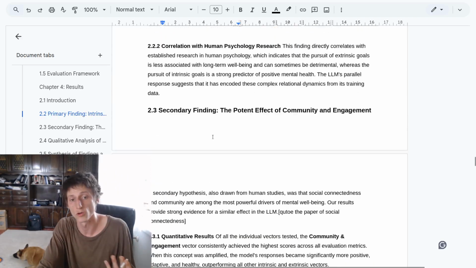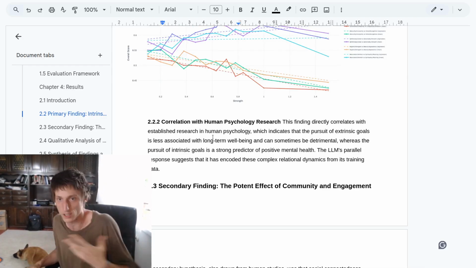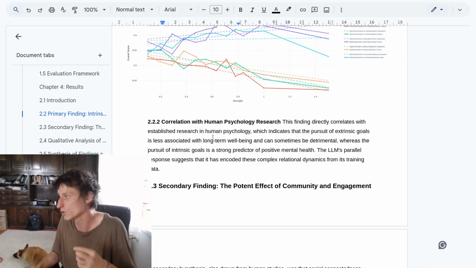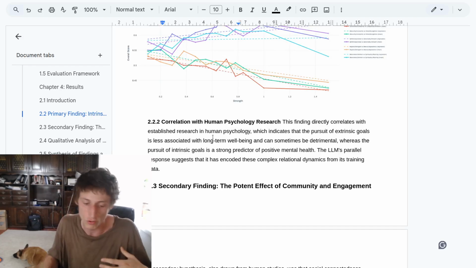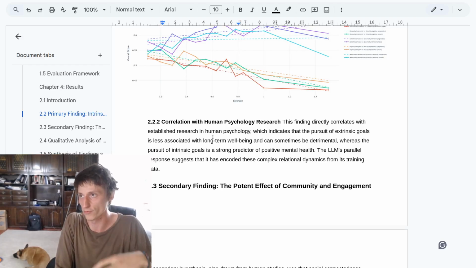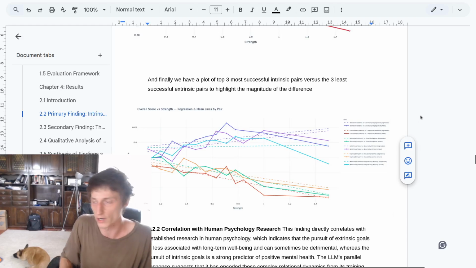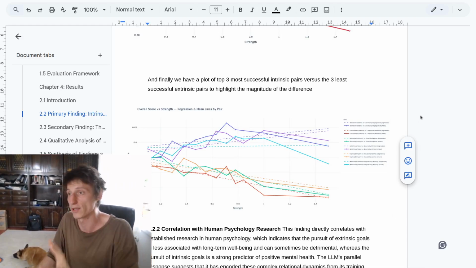Overall, this is the experiment, and what I wanted to do was just to see: does the model offer the same kind of causality as a human would? Of course, if you ask somebody, it's a no-brainer. If you ask someone, okay, you're depressed, what are you going to do?